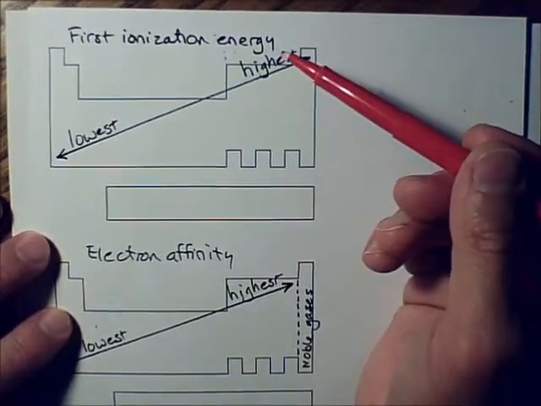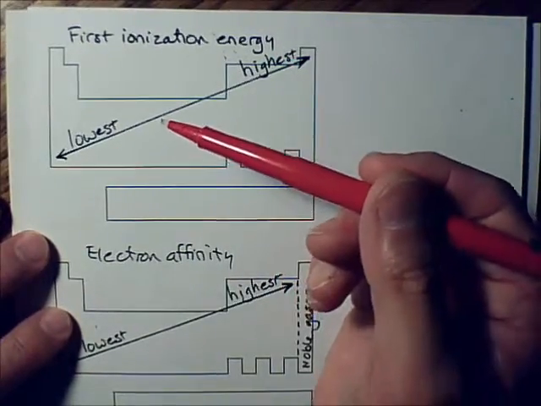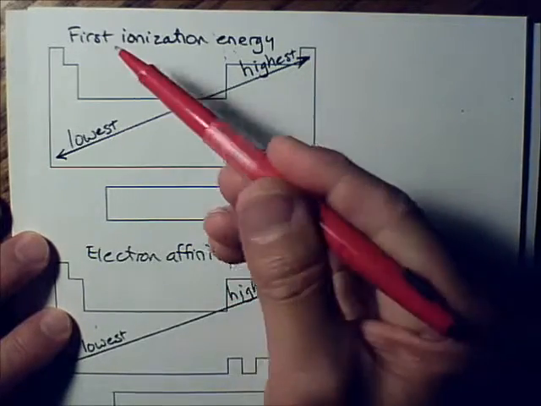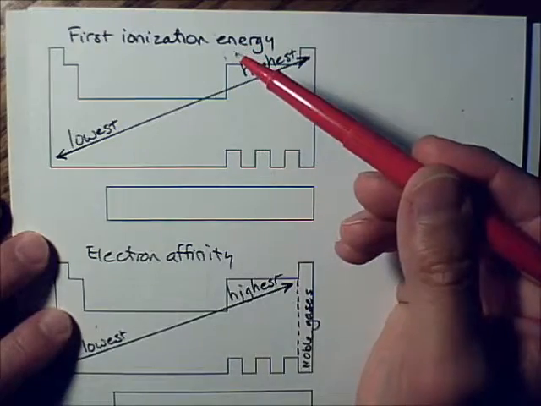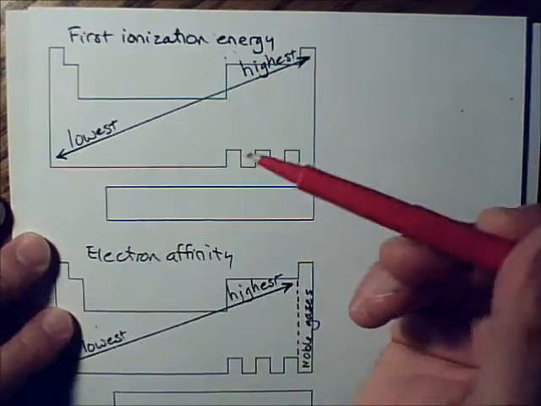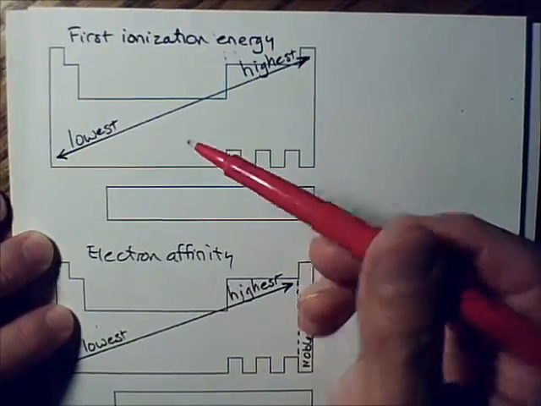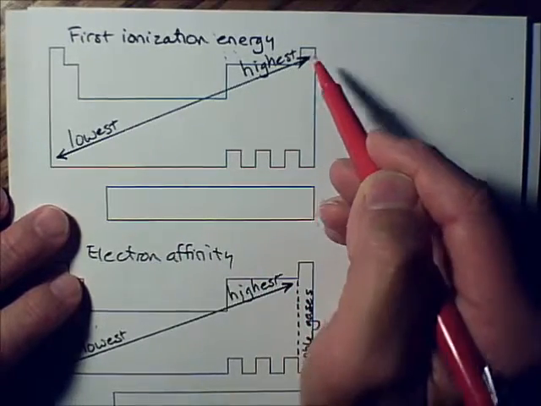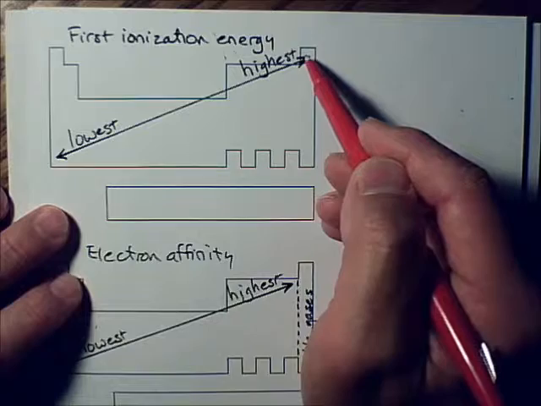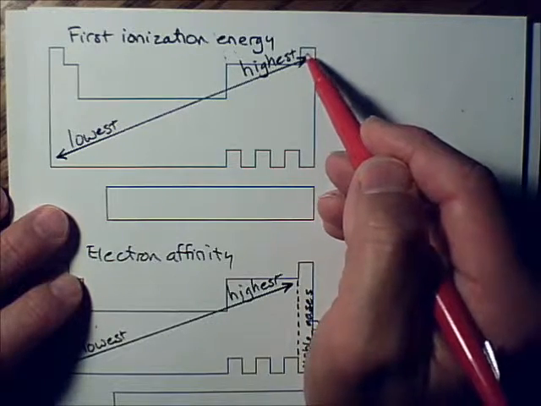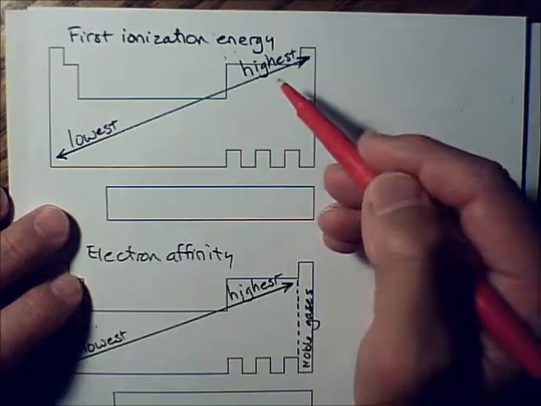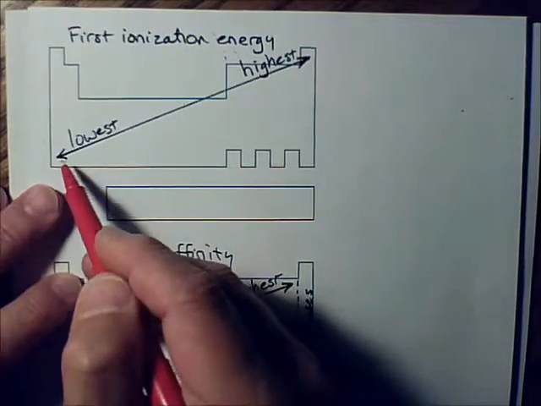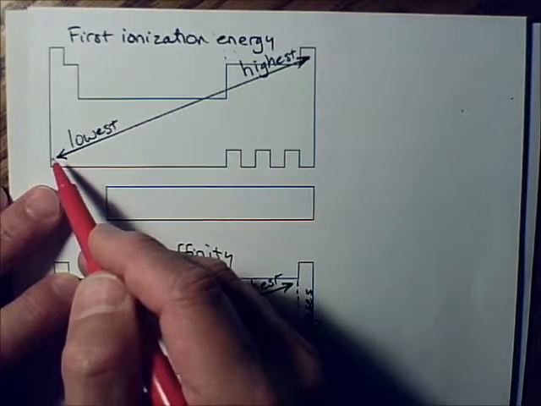Ionization energy is the energy you must put into the electron cloud of an atom to remove electrons. Okay? So first ionization energy is the energy that's required to remove the very first electron from an atom. And so the pattern then is it's highest here. It takes more energy to remove the first electron from helium than any other element on the periodic table. And the lowest is down here with cesium and francium.